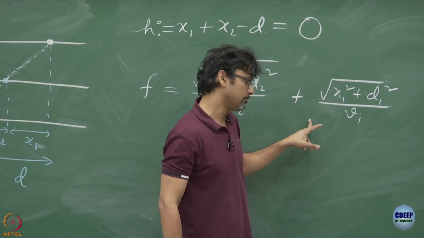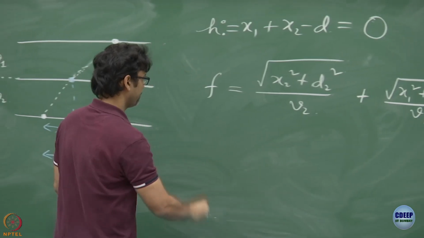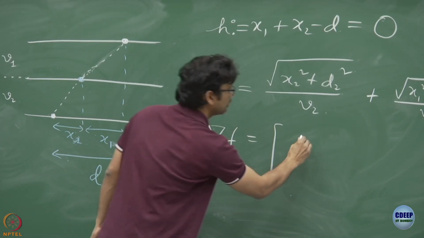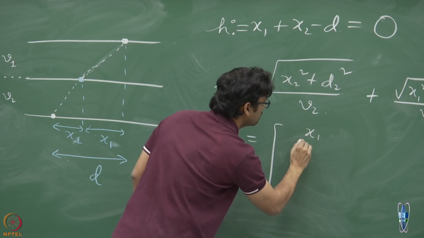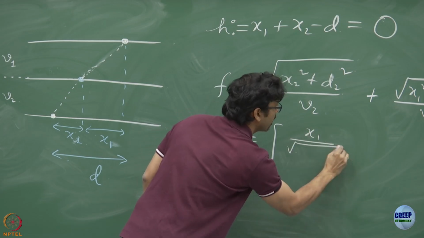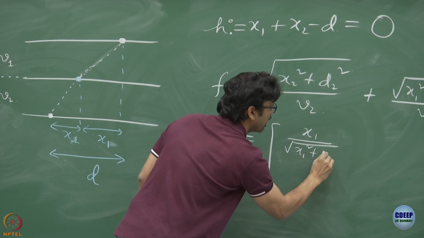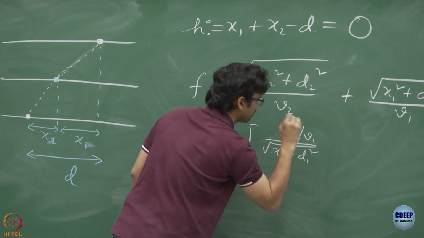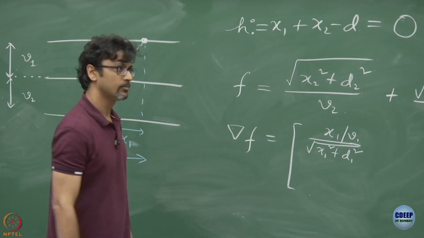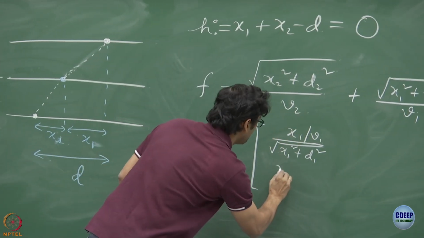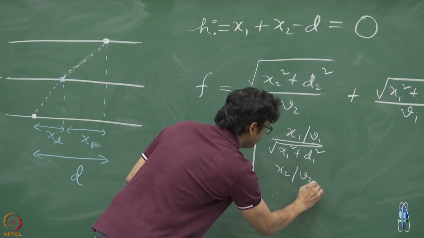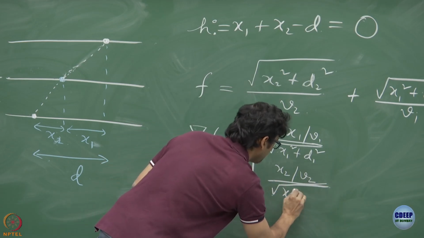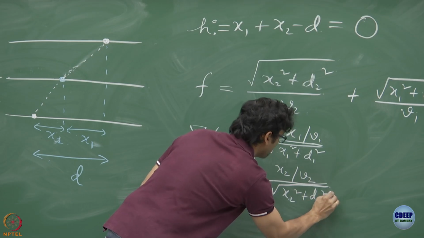So what you have is x1 over square root of x1 squared plus d1 squared. Of course, there's a division by v1, right? By the same token here, x2 by v2, and there's a division by the square root of x2 squared plus d2 squared.